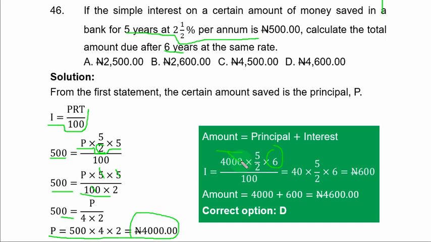You can cancel 2 zeros. You are left with 40 times 5 over 2 times 6. If you reduce and multiply, you have 600. So the total amount is principal of 4,000 plus interest of 600, and that is 4,600 naira. D is the correct option.